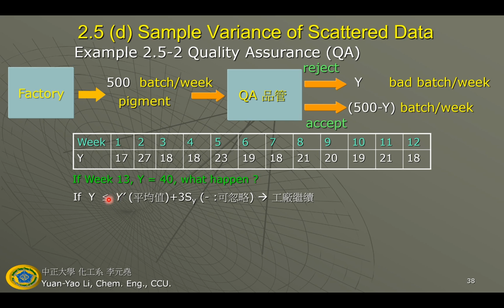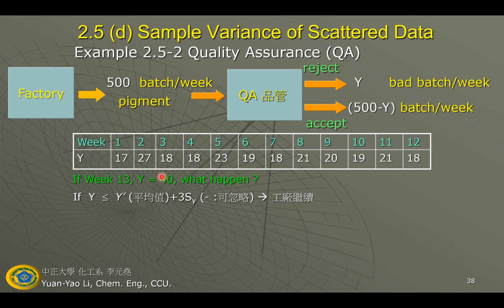As a worker, you might want to ask the manager, why is 40 acceptable? So the manager might tell you that if Y is less than average plus 3 standard deviation, then you can continue to work. The factory will keep on working. Okay, so you need to find out what is the standard deviation of this number.